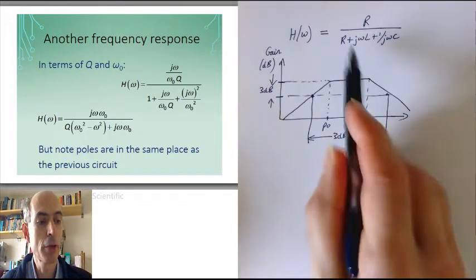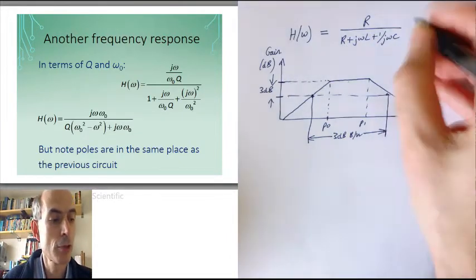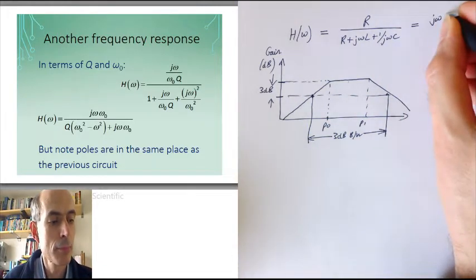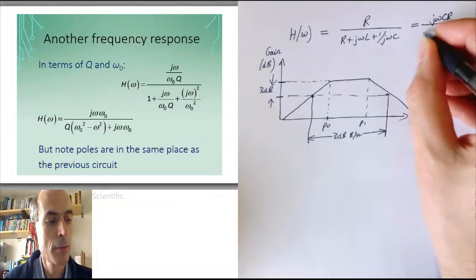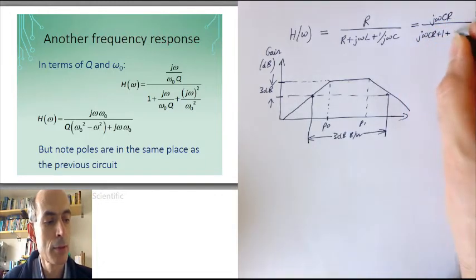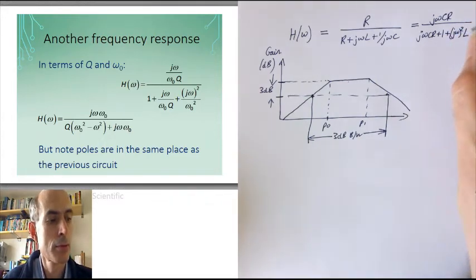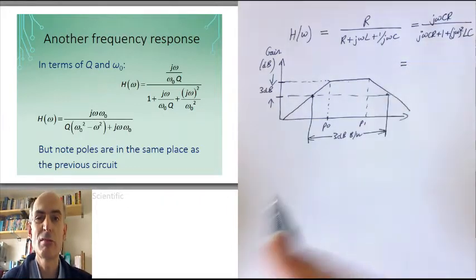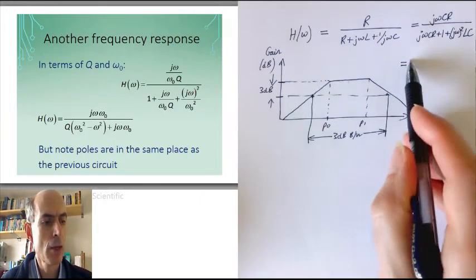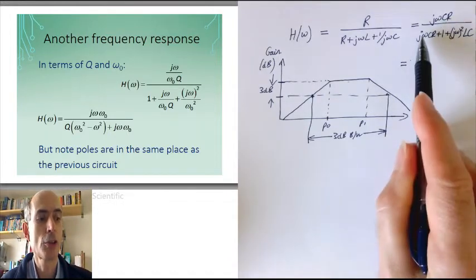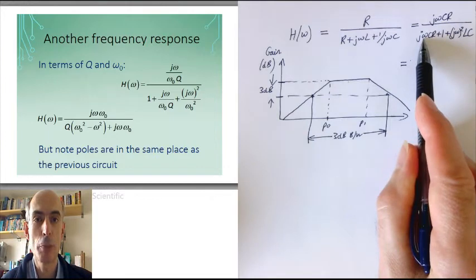If we write the denominator in terms first of a ratio of two polynomials, and then in terms of the standard form involving resonant frequencies and Q factor, we'll first notice that the numerator is the same as the term in j omega in the denominator.